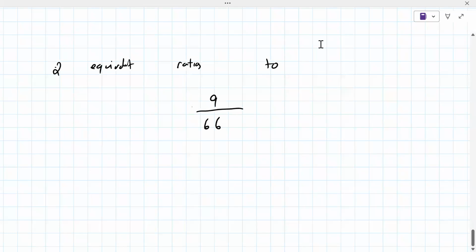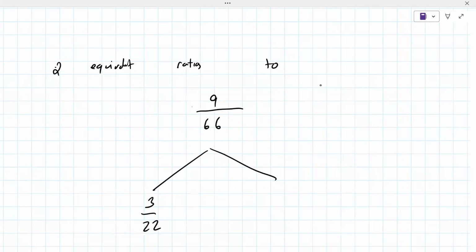All right, I want 2 equivalent ratios to 9/66. Okay. So 3/22.